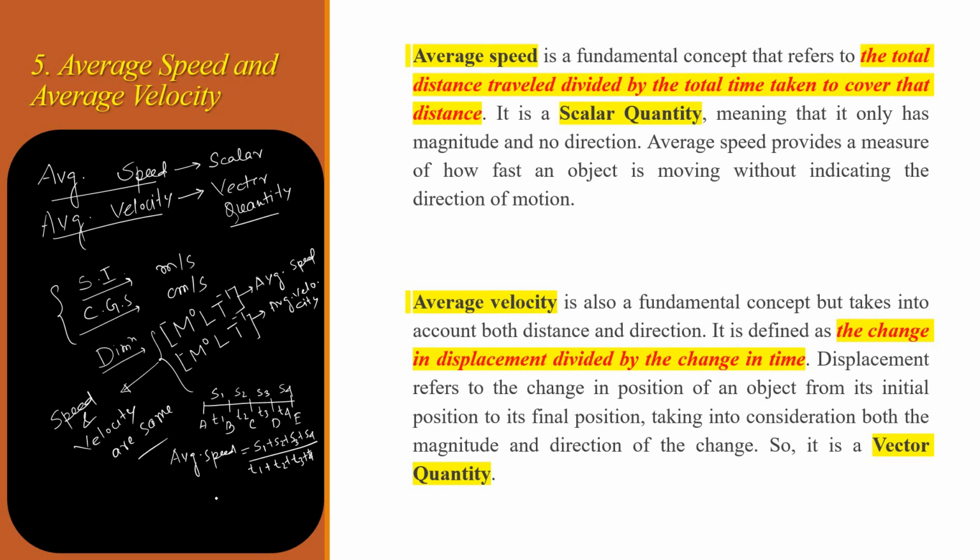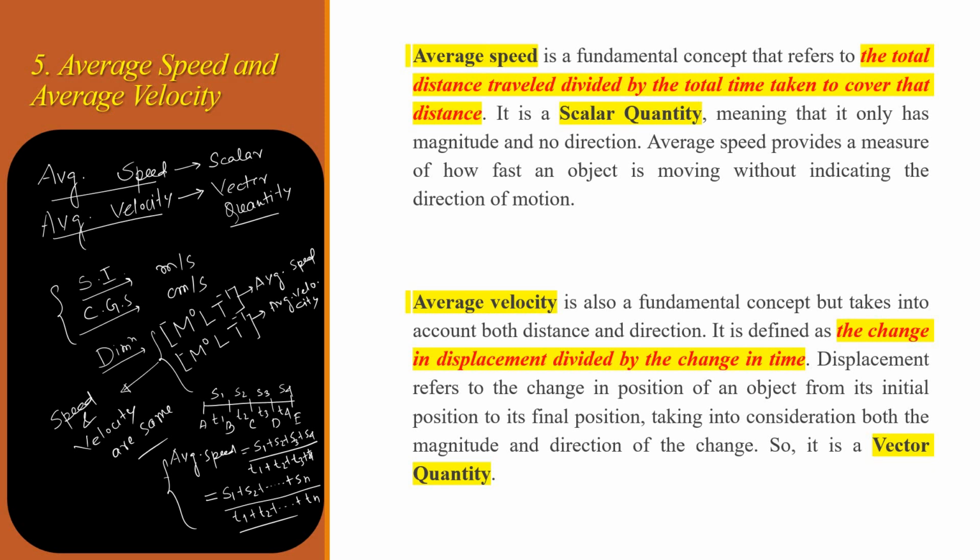You can write it this way also: S1 plus S2 plus ... plus Sn divided by T1 plus T2 plus ... plus Tn. That is total distance traveled divided by total time taken.